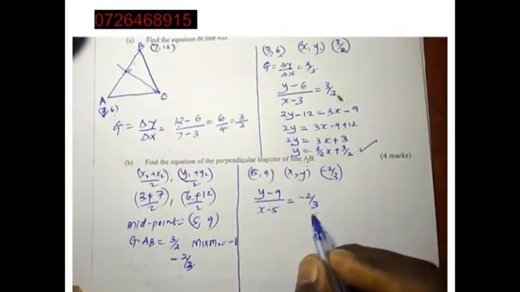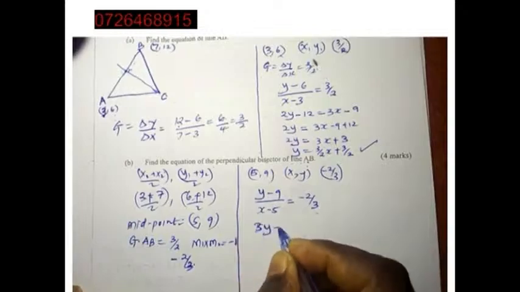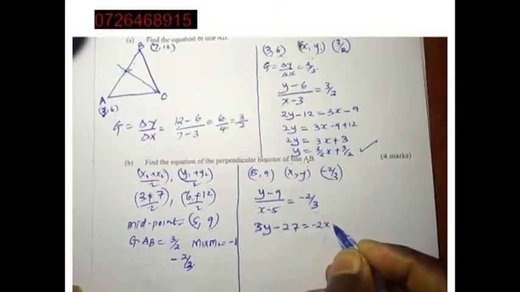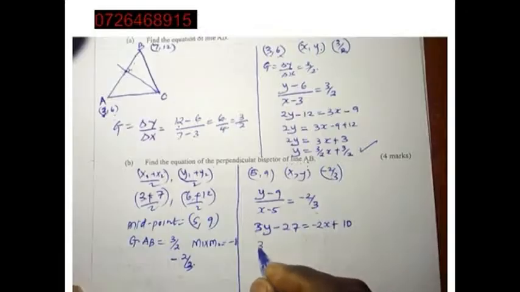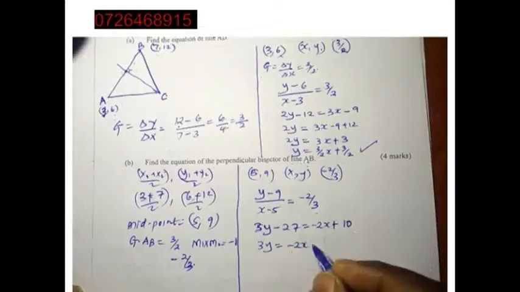You cross multiply. 3y minus 27 is equal to -2x plus 10. 3y equal to -2x, tukua ipande ingine ikue 10 plus 27.